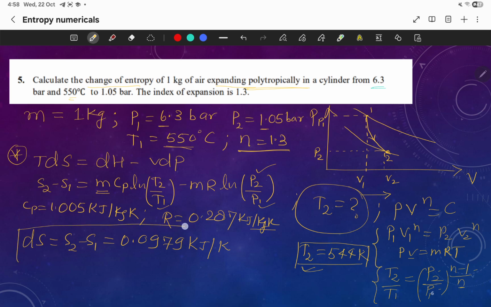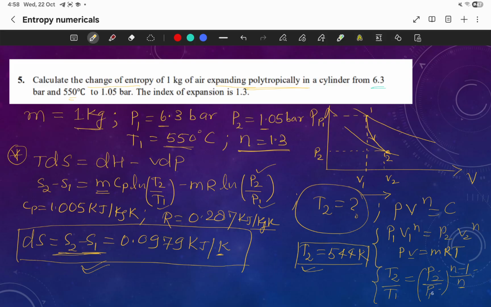Okay, so this is entropy, this is not a specific entropy, so you can see per kg is missing here, so this is the complete entropy. So guys, here m value is 1, that's why specific entropy and entropy change both are same. Okay, so this is for question number 5.